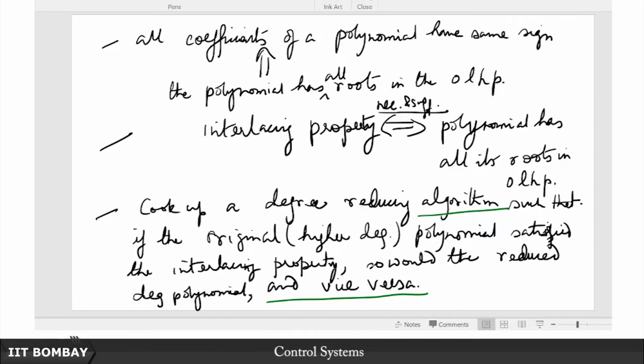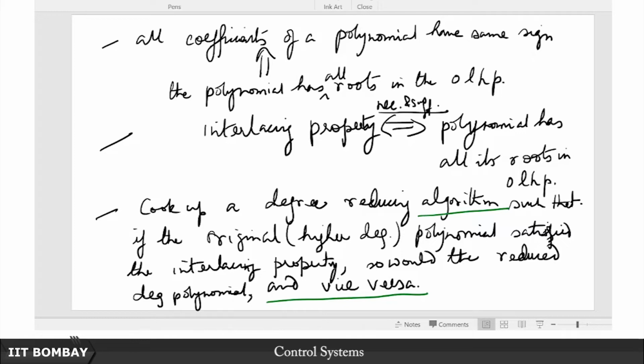Now the point is, we do not actually want to check for interlacing, because we have already seen that the other necessary condition, at least for interlacing to be true, is that all the coefficients of the polynomial must have the same sign.